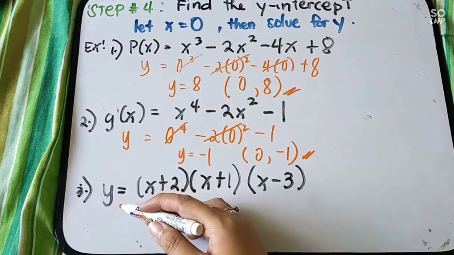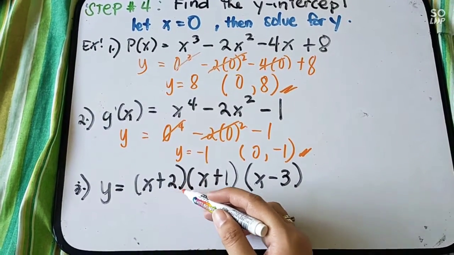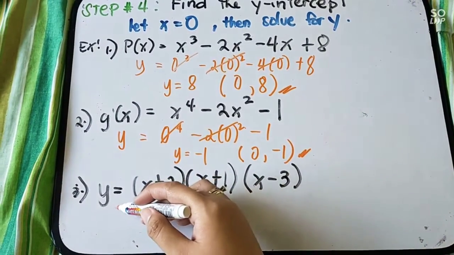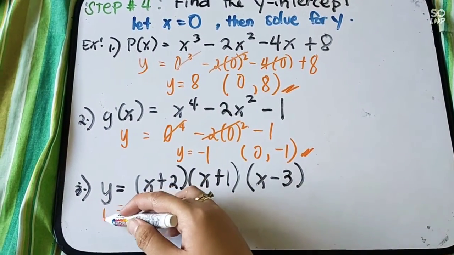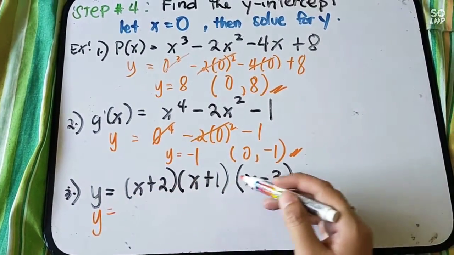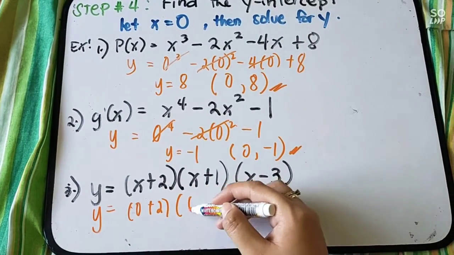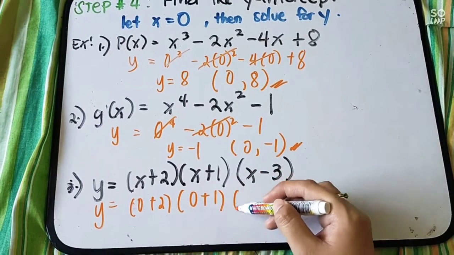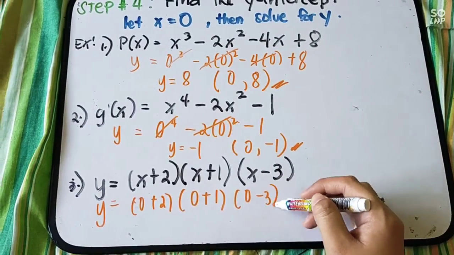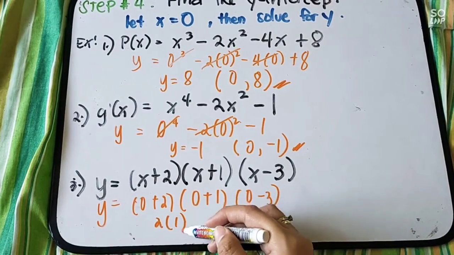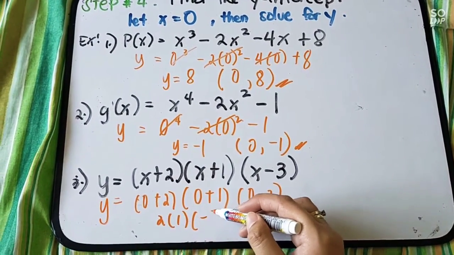Then, last example for step 4. We have y is equal to x plus 2 times x plus 1 times x minus 3. Change the x into 0. So, we have 0 plus 2 times 0 plus 1 times 0 minus 3. 0 plus 2 is 2, times 0 plus 1 is 1, 0 minus 3 is negative 3.